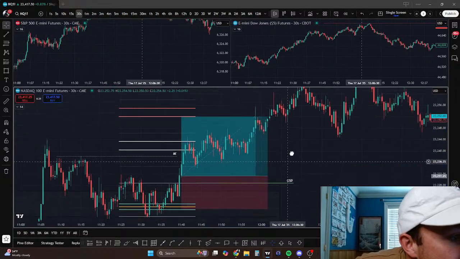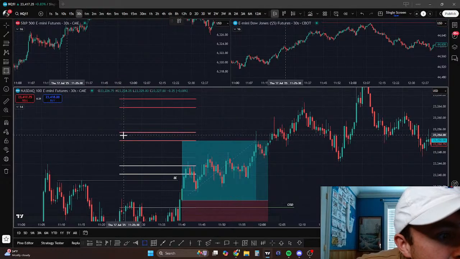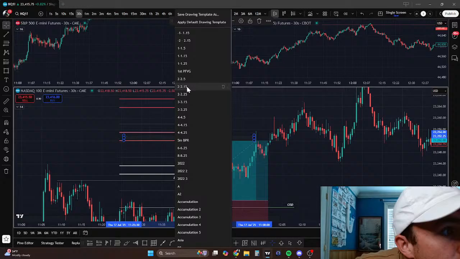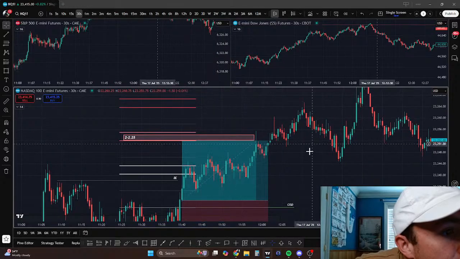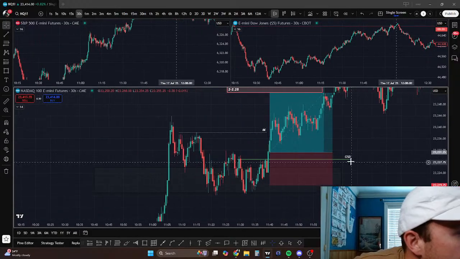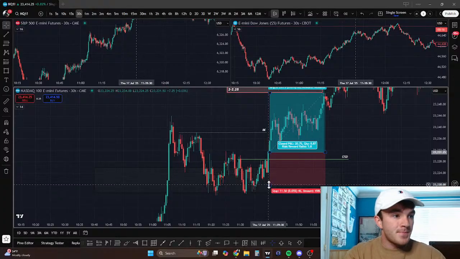So you could take it like this, right? Up to the second standard deviation, break even at that high. So this is a perfect example to prove my point, right?